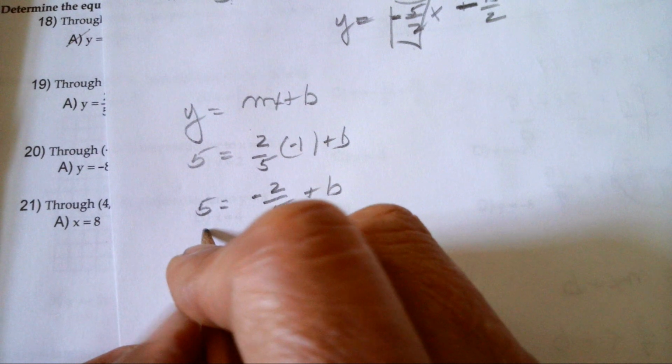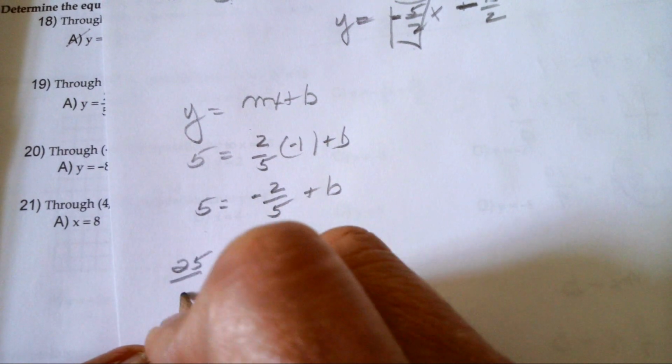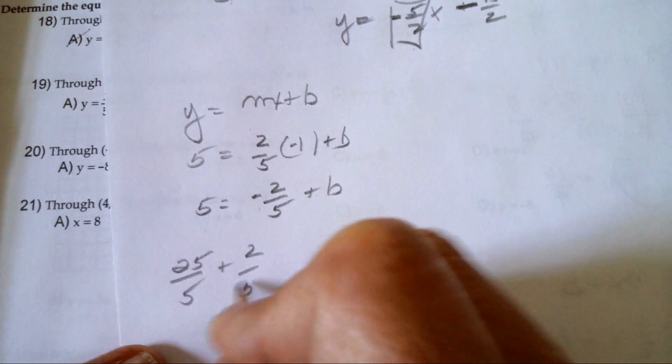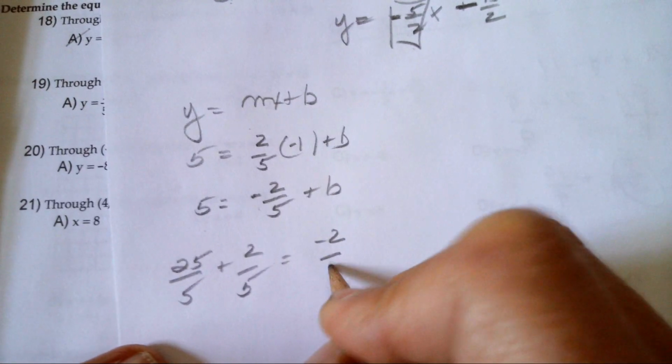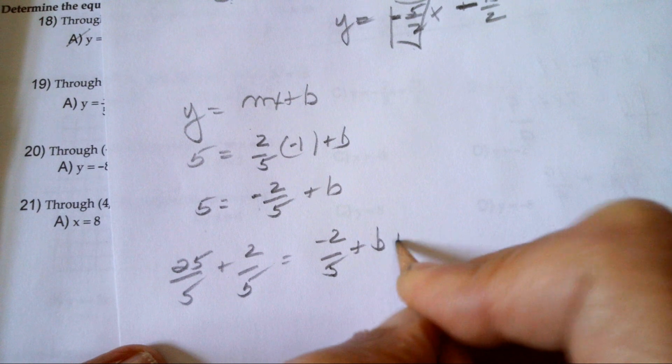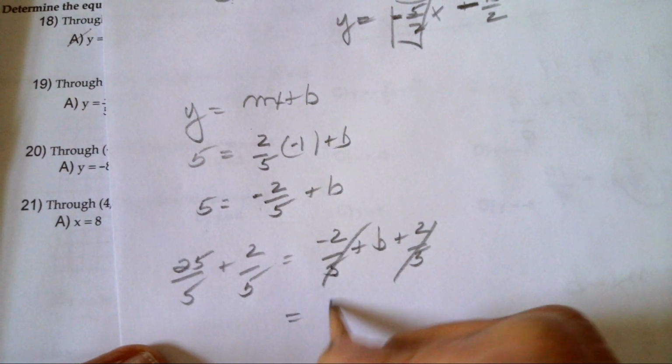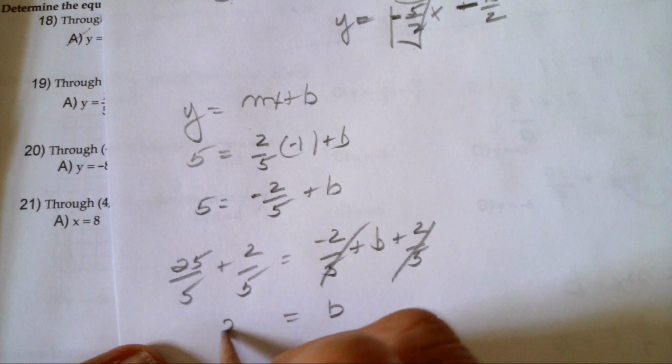Let's see, 5 is the same as 25/5 if I add 2/5 on both sides. These cancel out, and then I have b equal to 27 over 5.